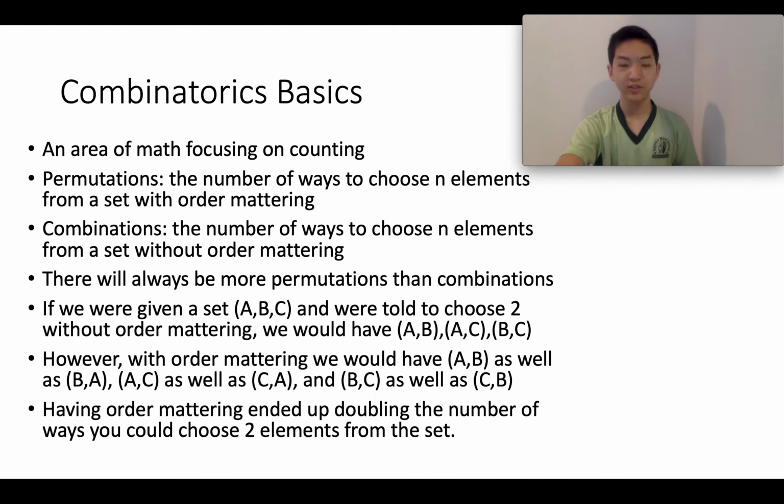So basically the difference is that you can also swap it around. And so that's why there's always going to be more permutations than combinations. So the first example that I gave, where there's only 3, that would be combinations, while the second example would be permutations. Having order mattering ended up doubling the number of ways you could choose 2 elements from the set.